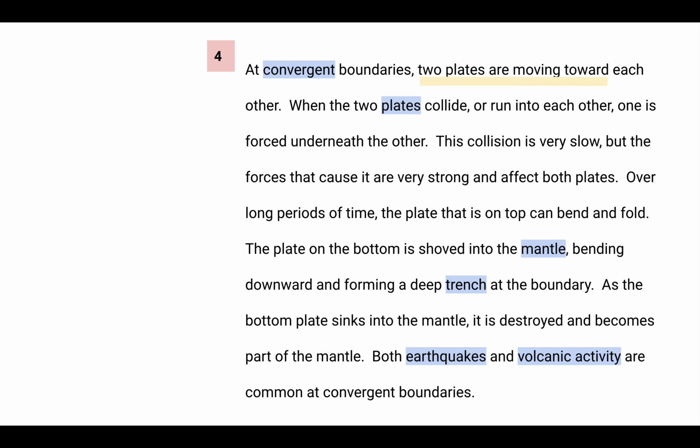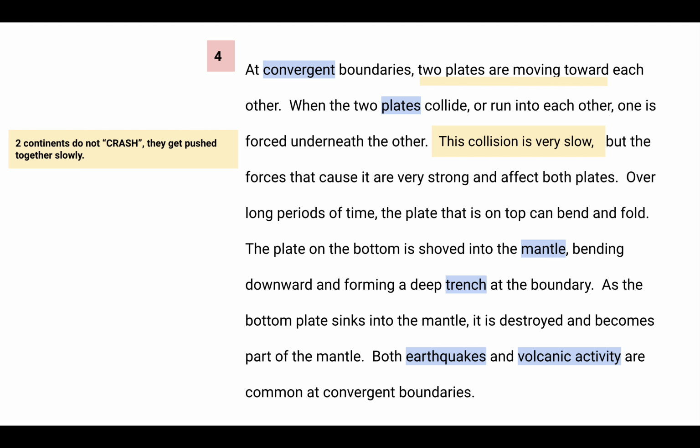First, I want you to underline or highlight the definition of a convergent boundary, and that's when two plates are moving towards each other. The collision is very slow, and I highlighted this part because it reminded me of the pre-unit assessment. Do you remember in that assessment, the very first short answer, there was Diego's brother.